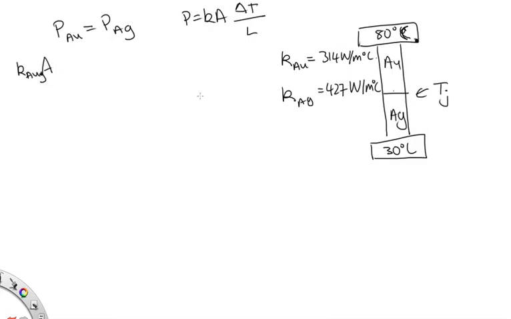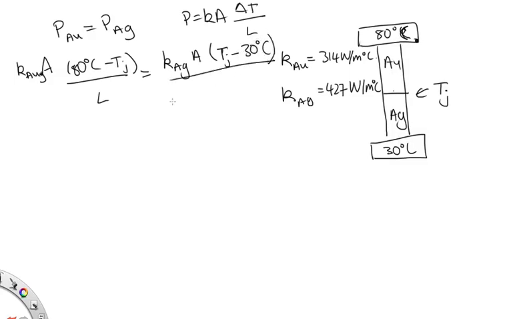This end is at 80 degrees C and this end is at TJ, over L. And that's the same for the silver, K silver, A. Now the hot end is at temperature TJ, the junction temperature, and the cold end is at 30 degrees C, over L. So the L's and the A's will cancel out as they're common factors.